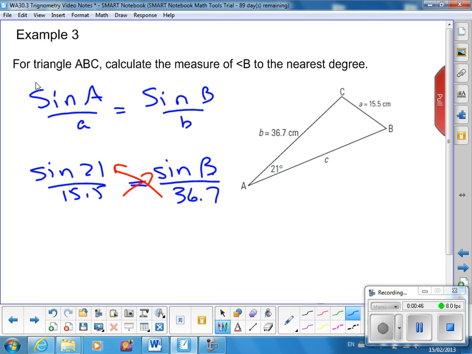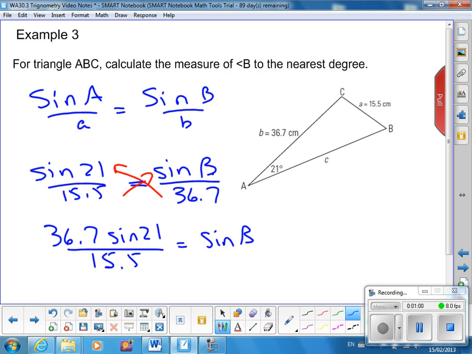You'll notice that you're going to end up with a 15.5 over here. So 36.7 sine 21, if you leave the bottom here, 15.5 equals sine of B, and not multiply the other side, you actually end up with the variable on one side and all the numbers on the other.